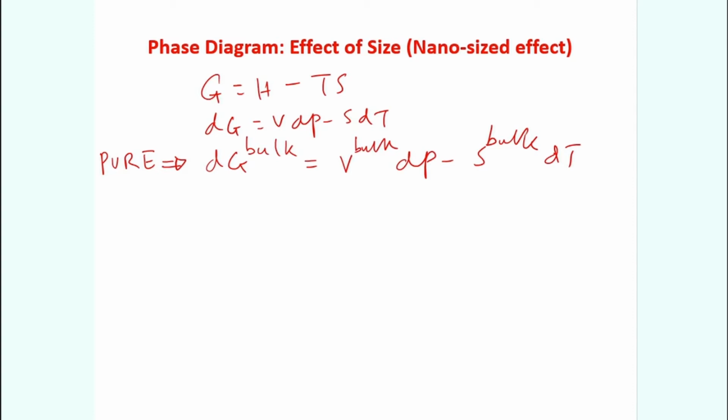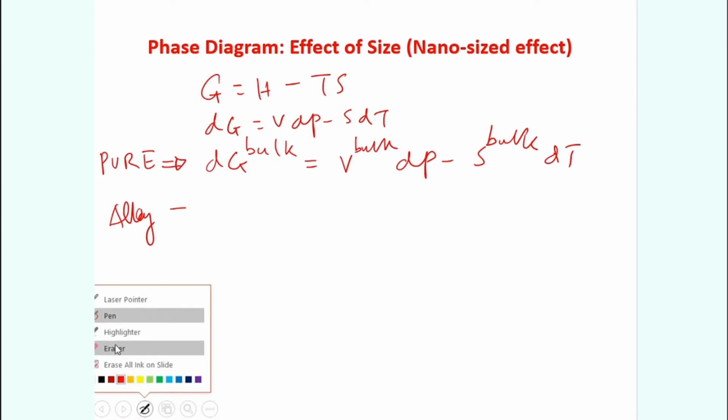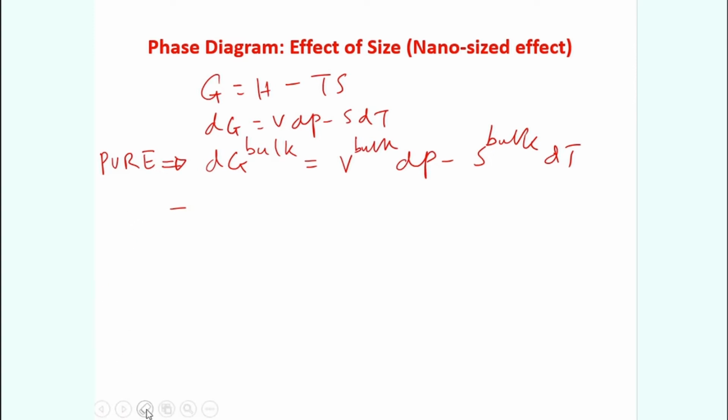But for an alloy, when you have 2 components or 3 components, what do you have?